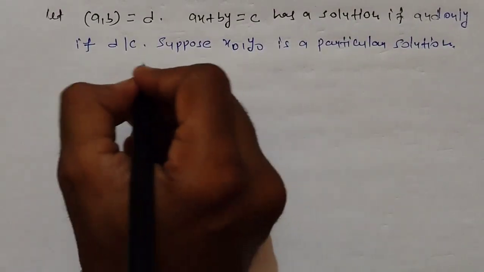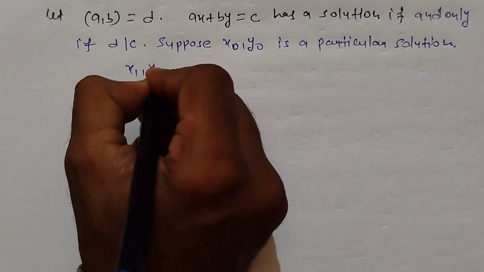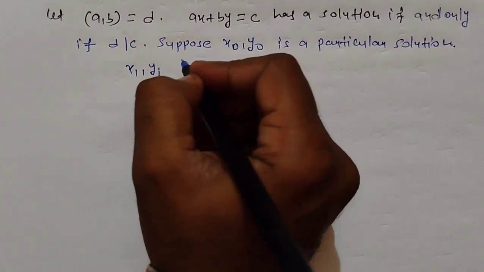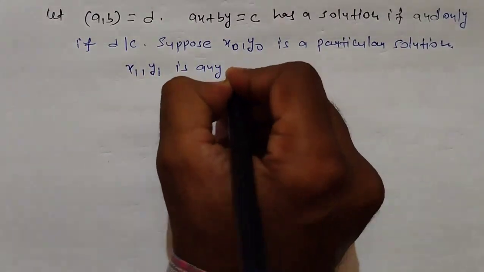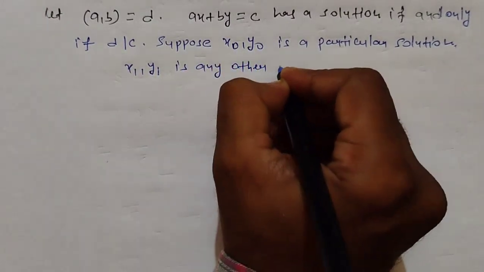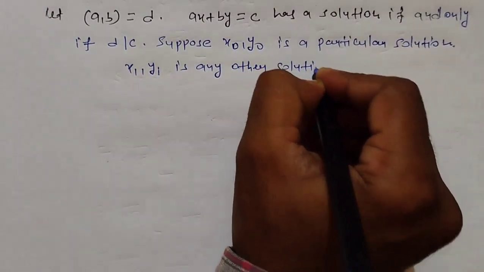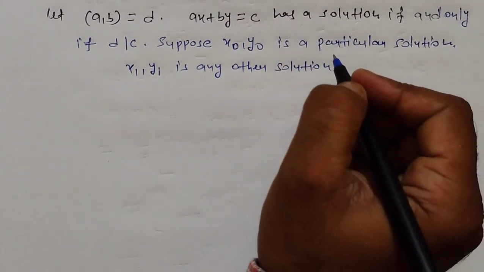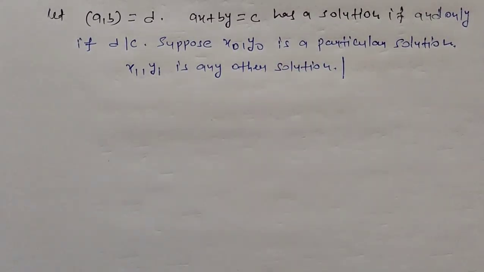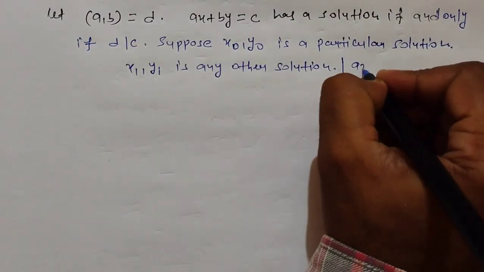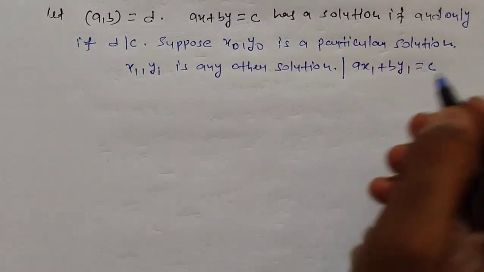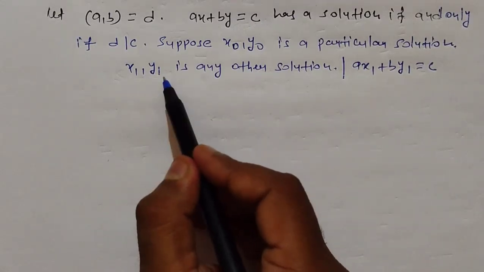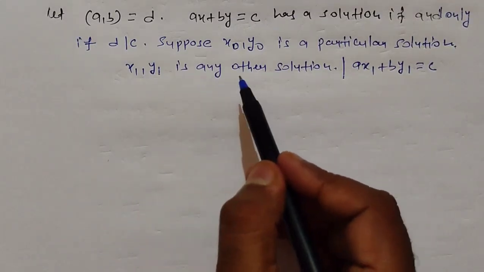And also x1, y1 is any other solution, then we can write simply ax1 plus by1 is equal to c, because we are assuming that x1, y1 is also a solution.